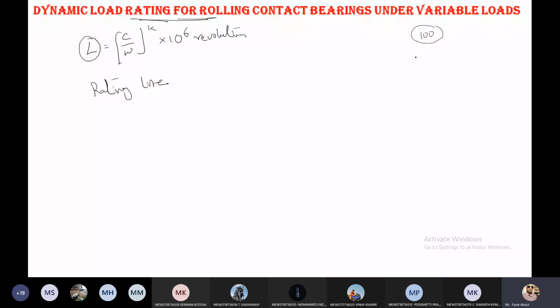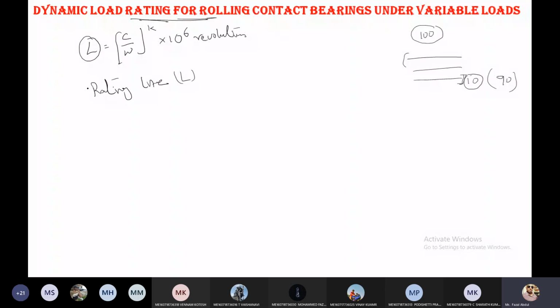If we allow them to operate continuously, some 10 bearings reach the fatigue limit, meaning fatigue failure occurs for 10 bearings. If we stop there, the time or number of revolutions for which the 90 bearings operated is considered the rating life. This is represented by capital L here.